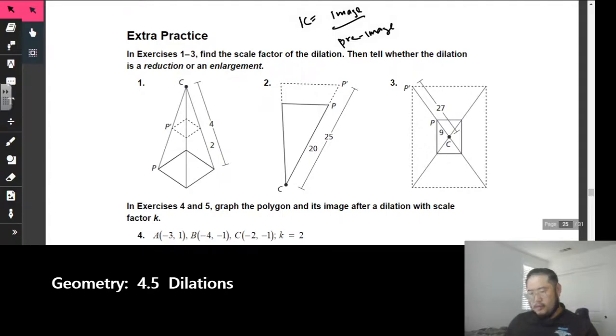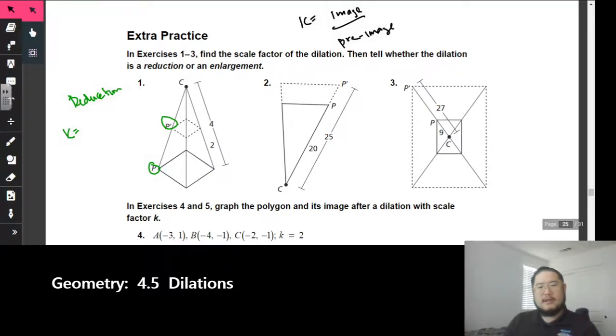Okay, so when I look at number 1, I look at the points, P, P prime, and P prime tells me that that right there is the image. So hopefully one of the first things that I see here is that we have a reduction. Okay, got smaller. Well, we have to find the scale factor. So the image happens to be the whole entire thing from the center of dilation all the way down.